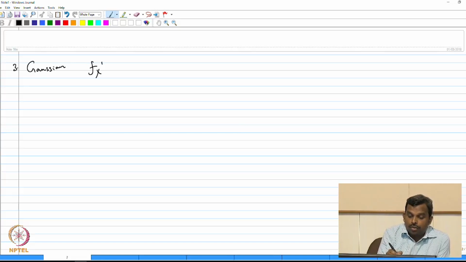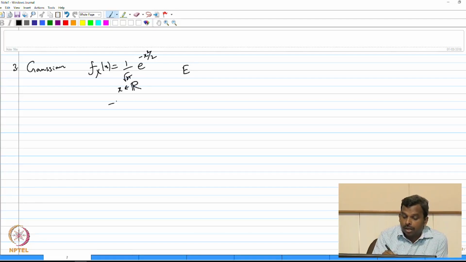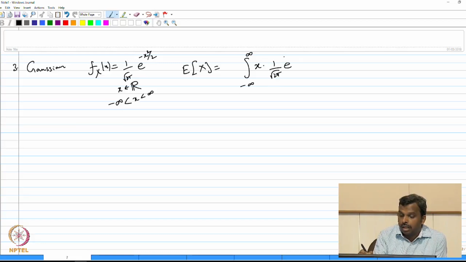If you look at f_X(x) = 1 by root 2 pi e to the power minus x squared by 2, this is a standard Gaussian. If you do the expected value of x, remember x is going over the entire real line, minus infinity less than x less than infinity. So you will get this integration, minus infinity to infinity, x times e to the power minus x squared by 2 dx.